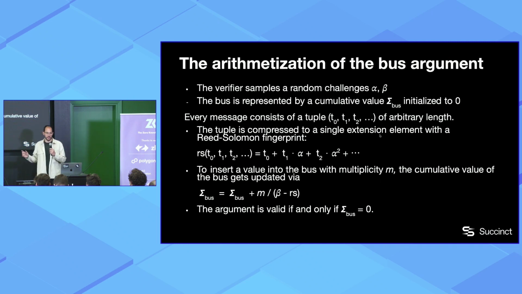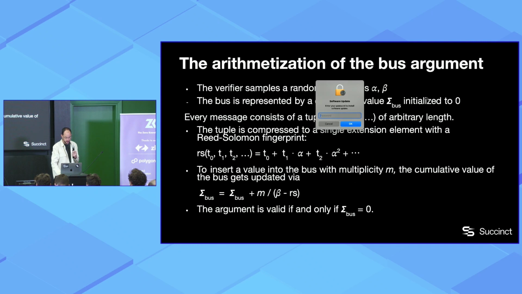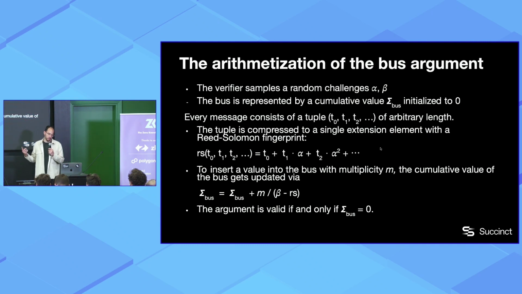Now that I have a folded value, I can add it to our bus. Our bus is represented by one value in the extension field, initialized to 0. Every time I want to input something into the bus, I add, with some multiplicity m, m over beta minus this Reed-Solomon fingerprint of it. That's just the name of it, but it's really just folding as a random linear combination with powers of the challenge.